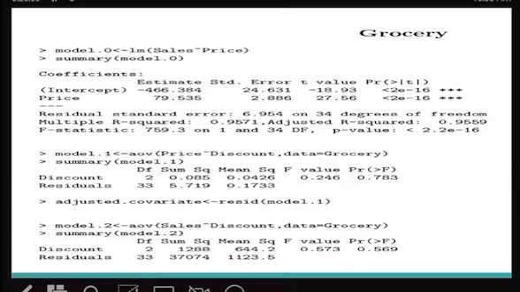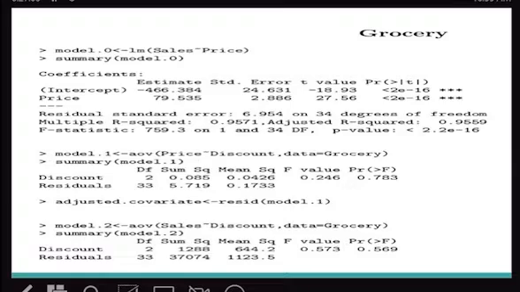Now, take a look at this result here. The first one is looking at the effect of price on sales. Why is he investigating that? Probably he wants to see the connection between the covariate and the response. That is the reason why he's doing the first one, and he's just going to do a linear regression for that.